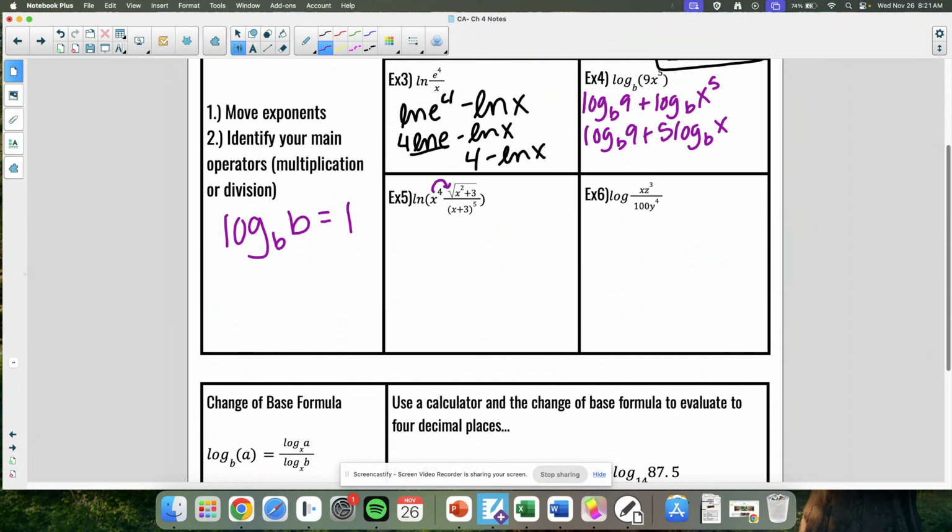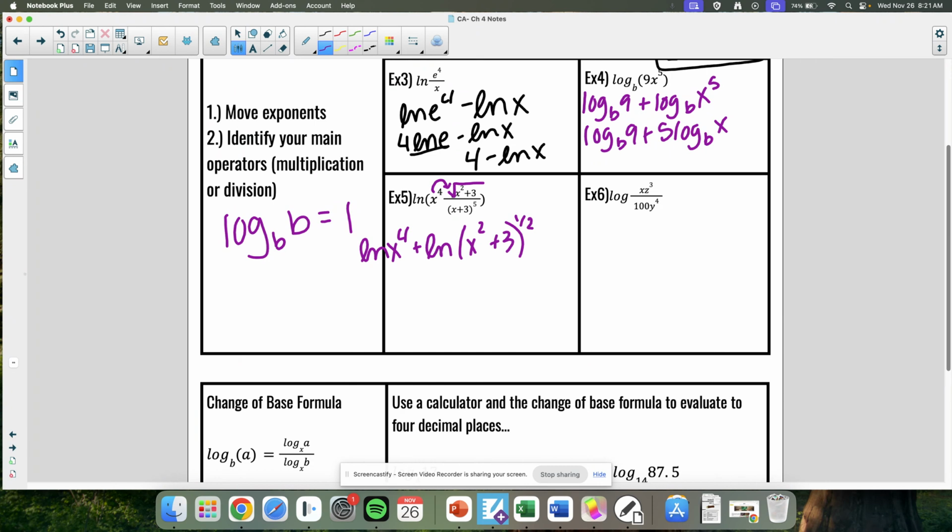How many pieces do we have multiplying on top? 2 of them. We have x to the 4th and we have the square root. So those 2 pieces are going to be positive. So we have ln x to the 4th plus ln this square root. What exponent is the square root the same as? 1/2.